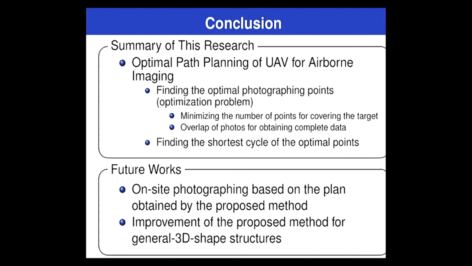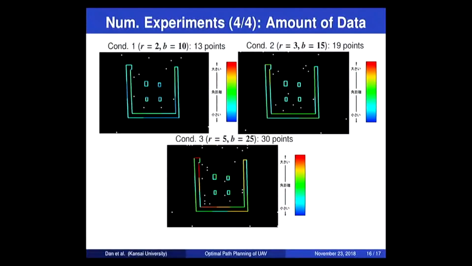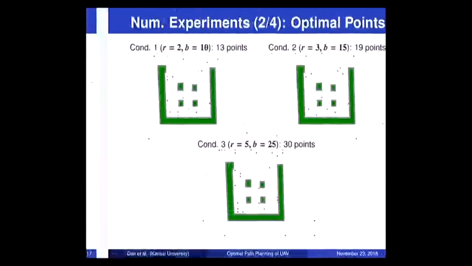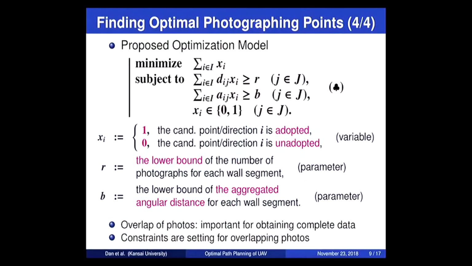Did you consider the resolution? Did you only look at the range, the coverage, or did you also look at the resolution requirement? For example, if I use a more powerful camera, it can probably take pictures from further away rather than closer. We can consider that situation by setting the parameter of this program.